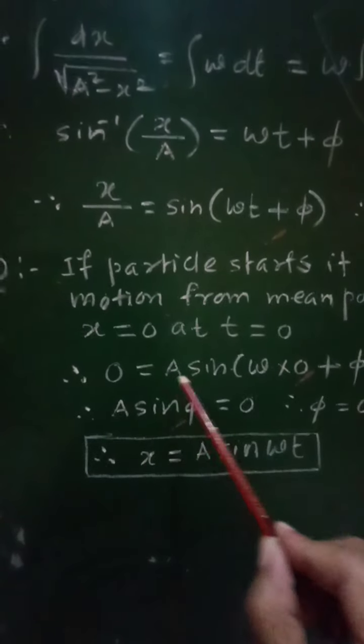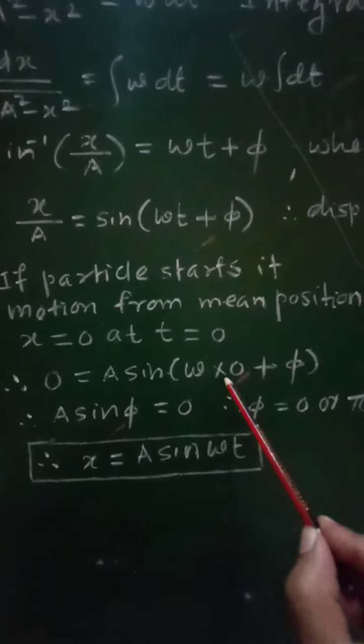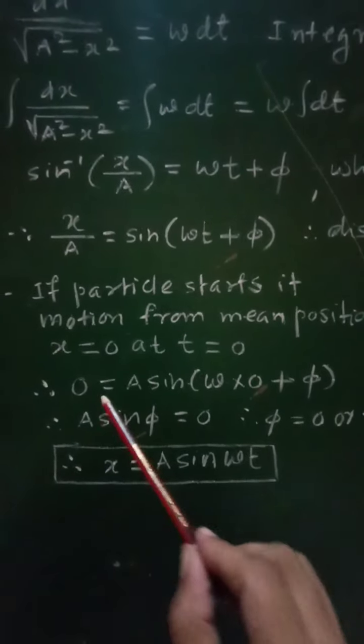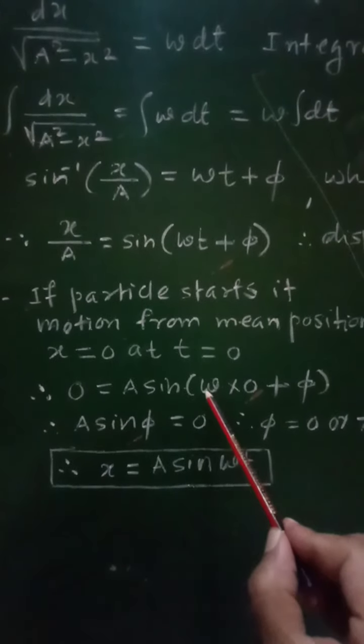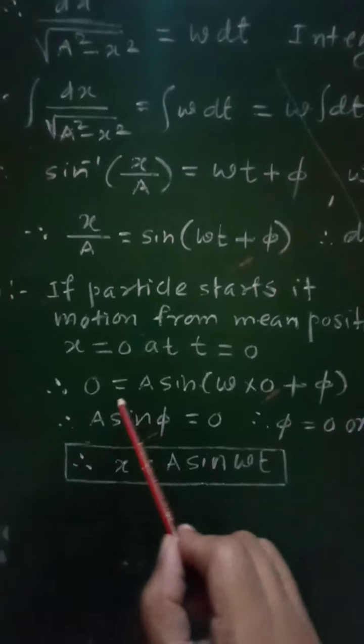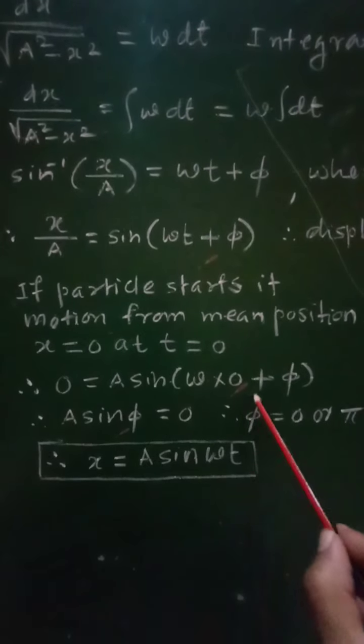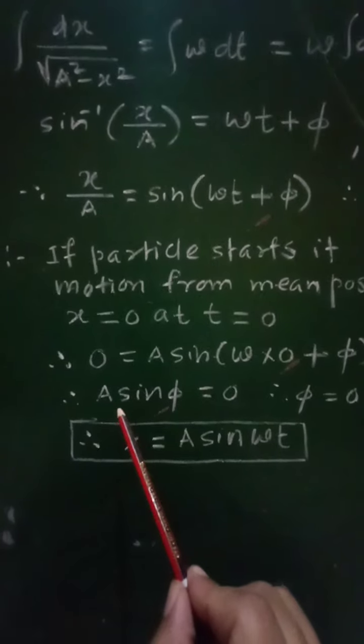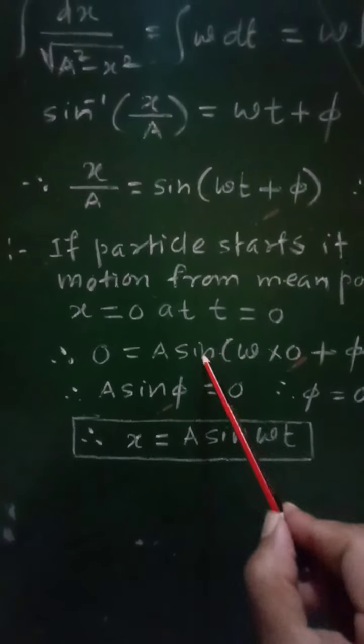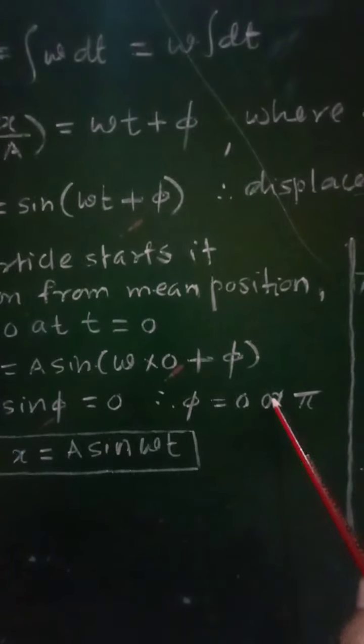Now putting these values in the fourth equation of displacement, x is equal to a sin omega t plus phi, we can write 0 equal to a sin omega into 0 plus phi, because x is equal to 0 and t is also 0. Therefore a sin phi will be equal to 0 and phi will be equal to 0 or pi.